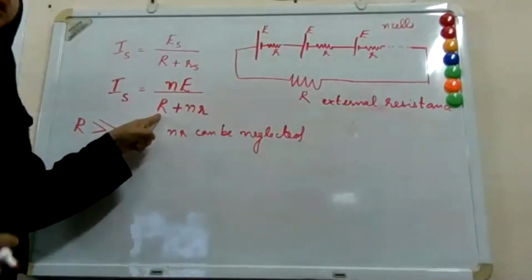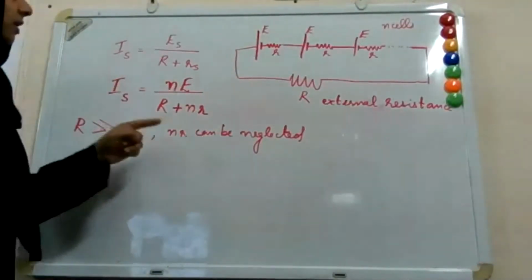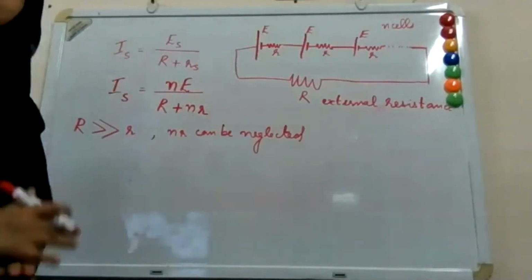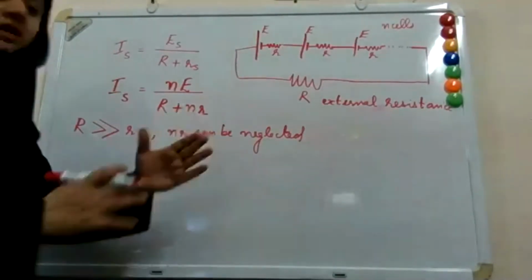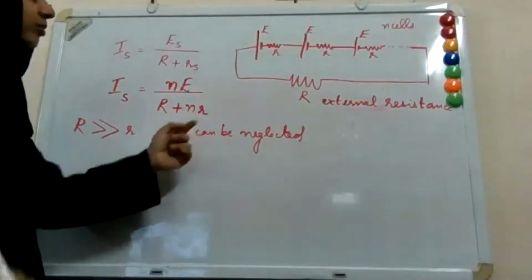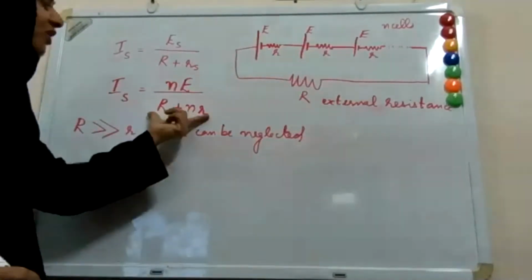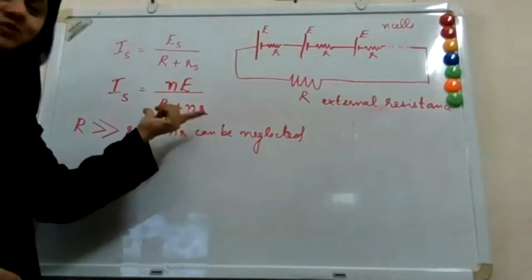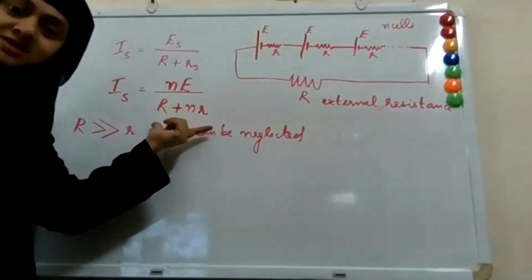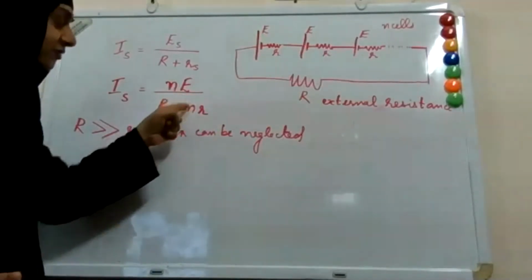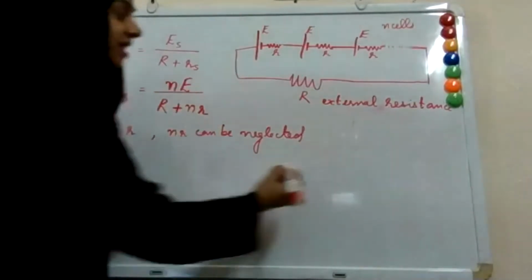Suppose R is, say, 100 ohms. Small r is 0.1 ohm. n is 10 cells. 10 into 0.1 is 1. So this will be only 101, so we can round it to 100, right? I'm telling an example.